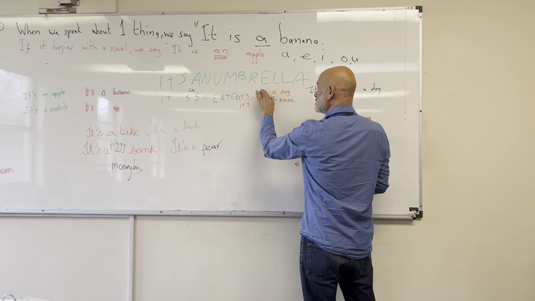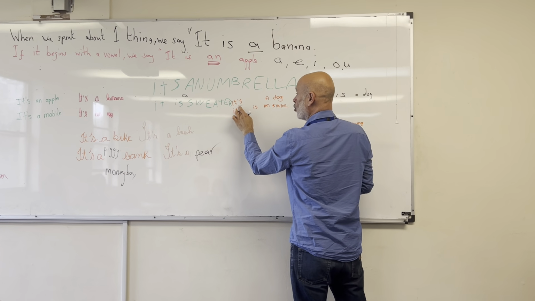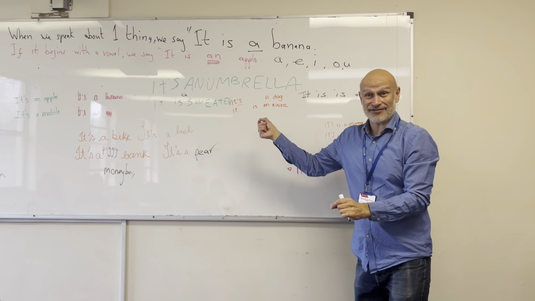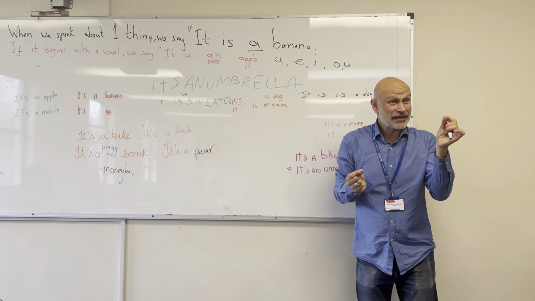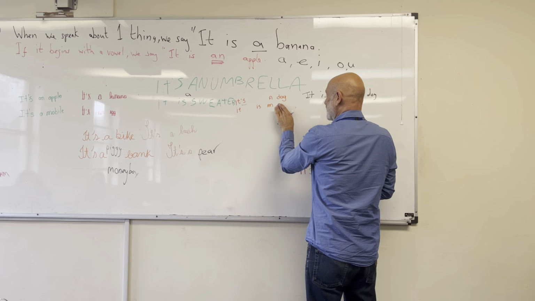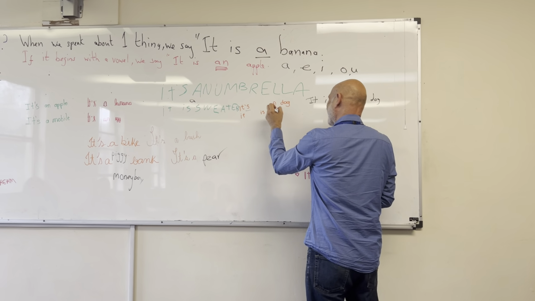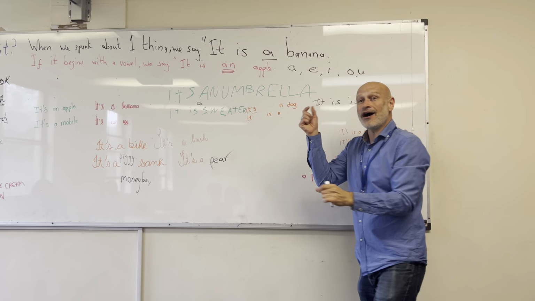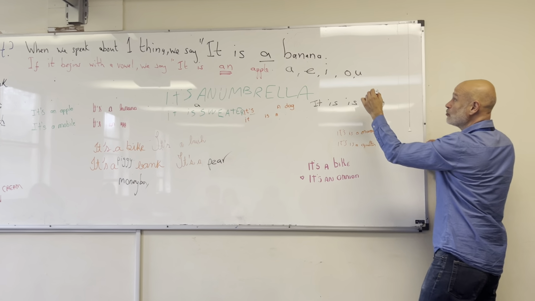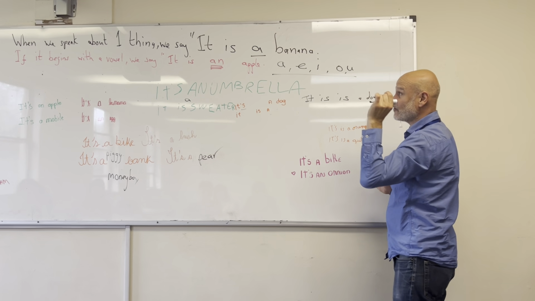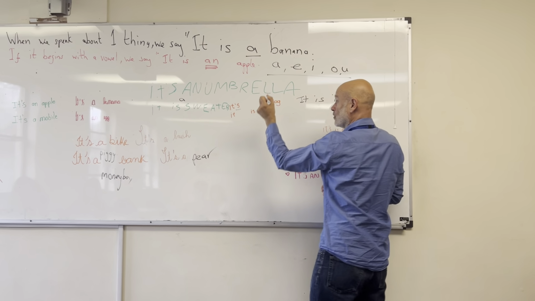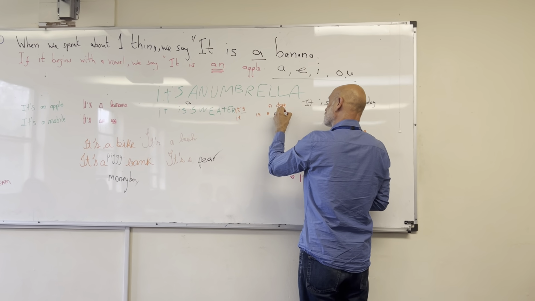So you can choose here, it's a dog or it is, okay? This is really important. And the spelling of candle, good try. And remember, it's a candle. Remember, we only write an if the first letter is a vowel. So it's a candle, like that.